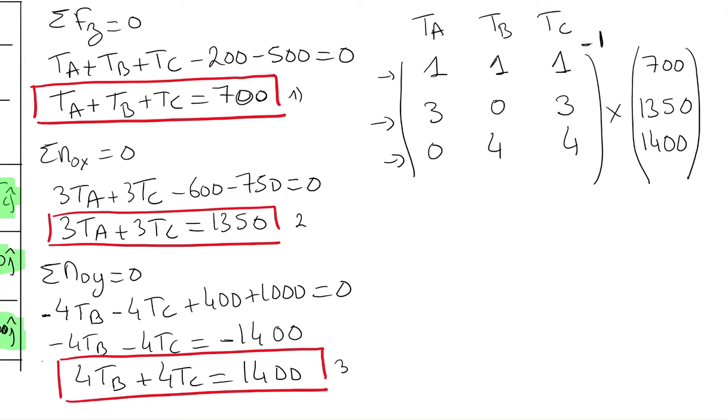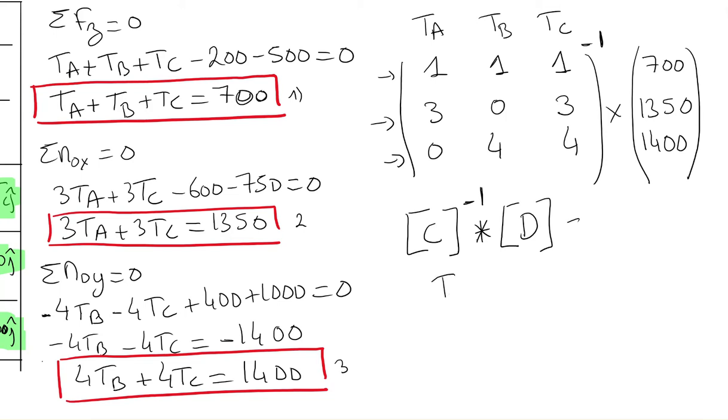So second, you call the matrix that you just did, the first one, your inverse. For me it's matrix C, so it makes matrix C inverse times matrix D. Or you can use the RREF if you prefer. And what you find is TB.